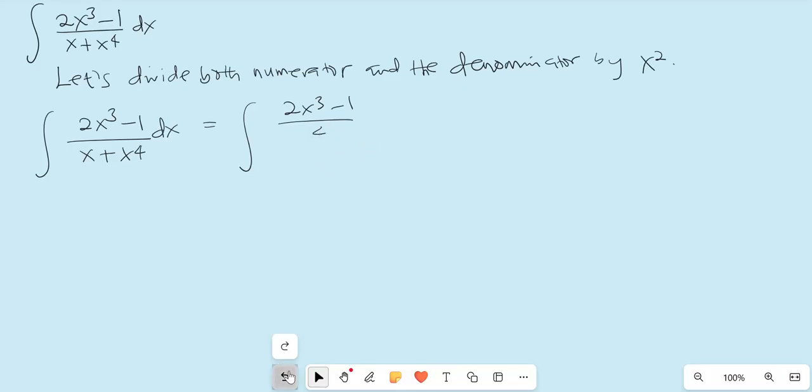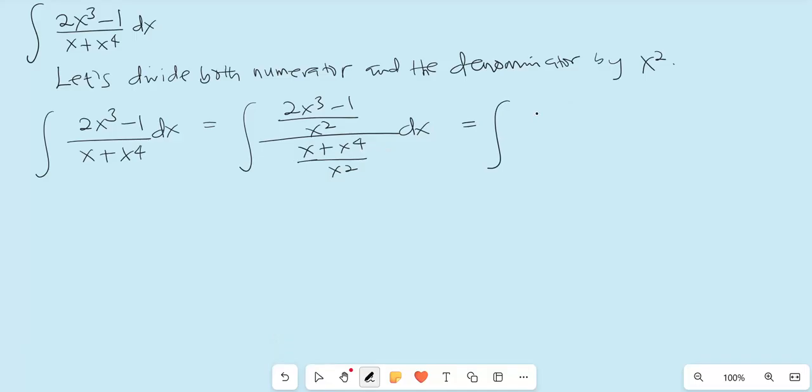We are dividing by x squared all over x plus x to the fourth over x squared dx. It simplifies to 2x to the third power over x squared minus 1 over x squared all over x over x squared plus x to the fourth over x squared dx.